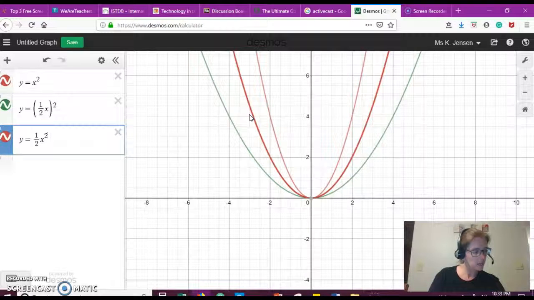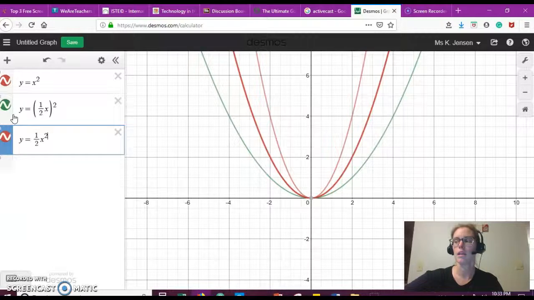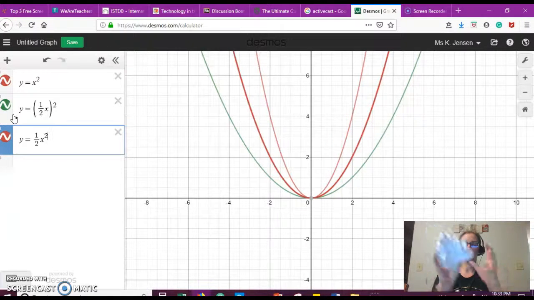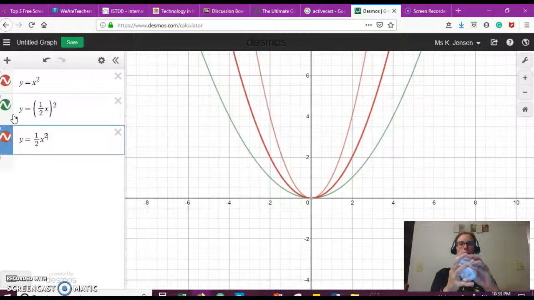Now the thing is, we've got to look at what's happening. Technically, this one here, the green one, is actually a horizontal compression because we are coming in, and here's my little ball of paper again, and we are smushing it.